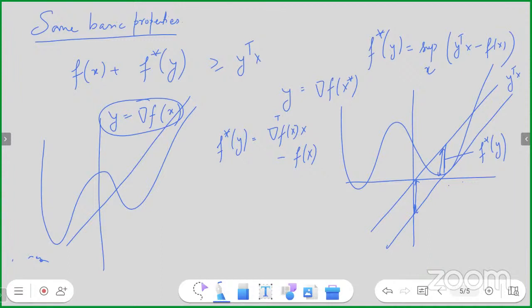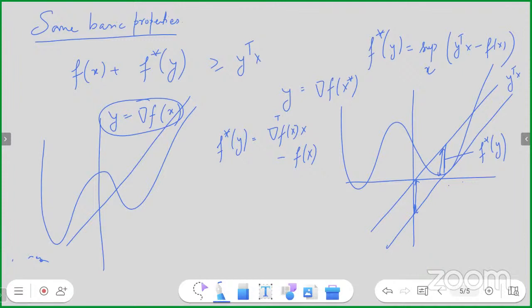The slope of y transpose x in that case will just be the gradient of f of x. As in, we found that y is equal to the gradient of f at x. Yes. So the slope of the line y transpose x is the gradient, because y equals mx plus c, and m is the gradient of f. That much I understand.